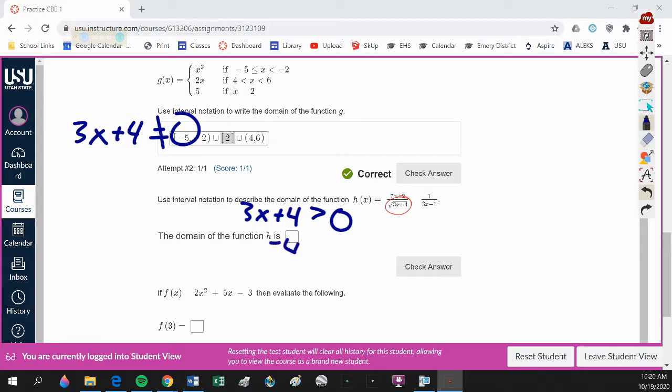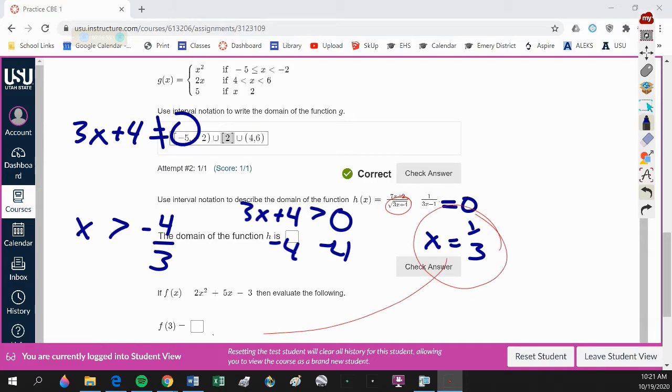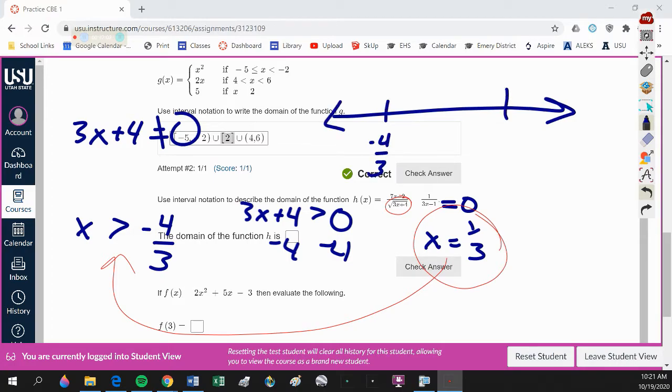So subtract 4. X is greater than negative 4/3. Okay? And then on the other one, 3x minus 1 equals 0. Add 1 and divide by 3, and I get x equals 1/3. So we have to compare the two. Does this work over here? Yes. So on the number line, I have negative 4/3 and I have 1/3.